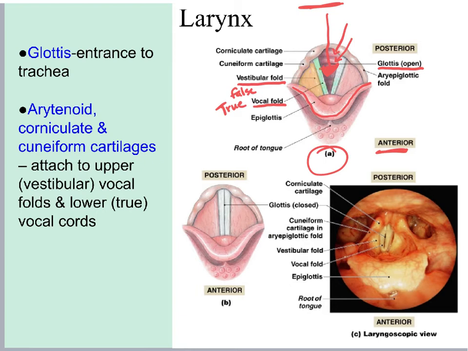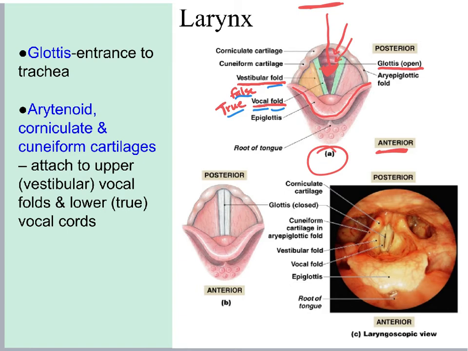So the vestibular folds aren't actually contributing to vocalization. It's the true vocal cords. So that's why we call them either the true vocal cords or vocal folds, and the false vocal folds. Because the trues are the ones that are vibrating as air passes by them to create sound.